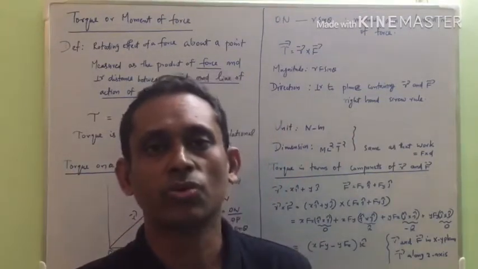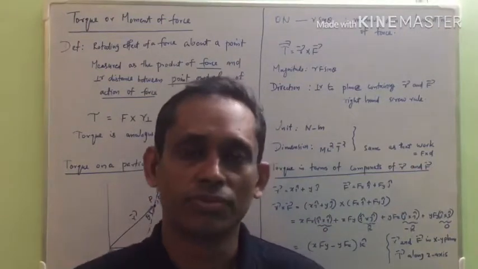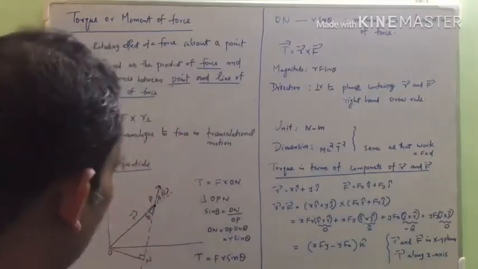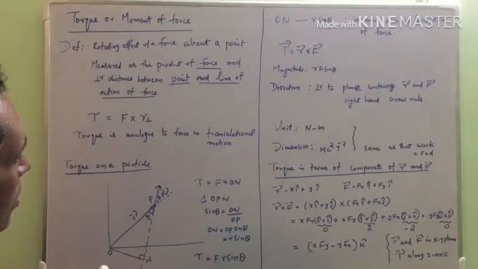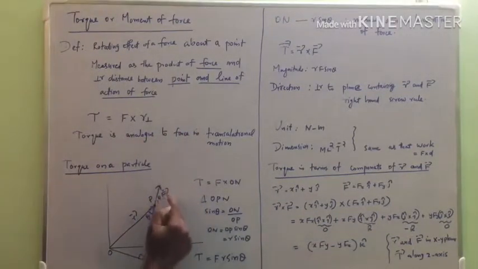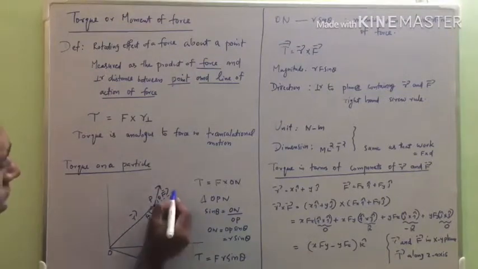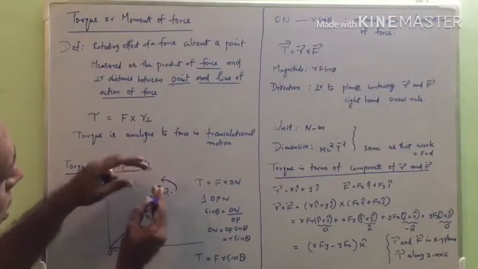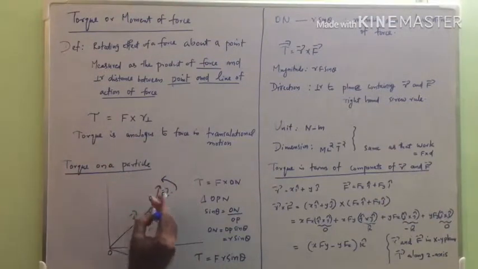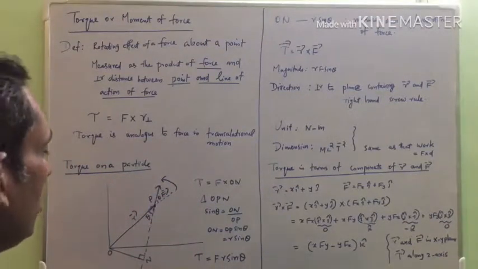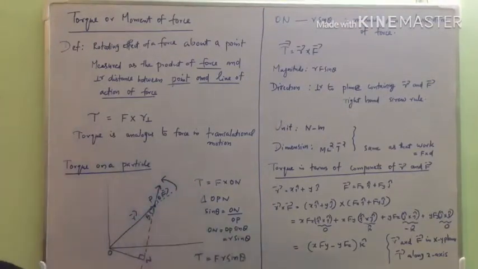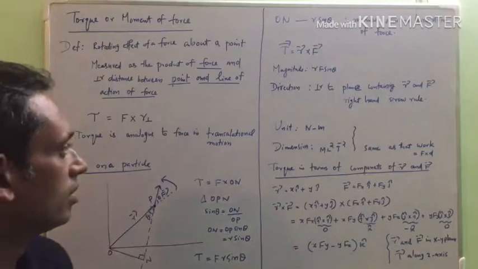I have to turn a screw from r to F, and the direction in which the tip of the screw advances is the direction of the torque. So the torque will be perpendicular to the plane containing r and F and away from the plane.